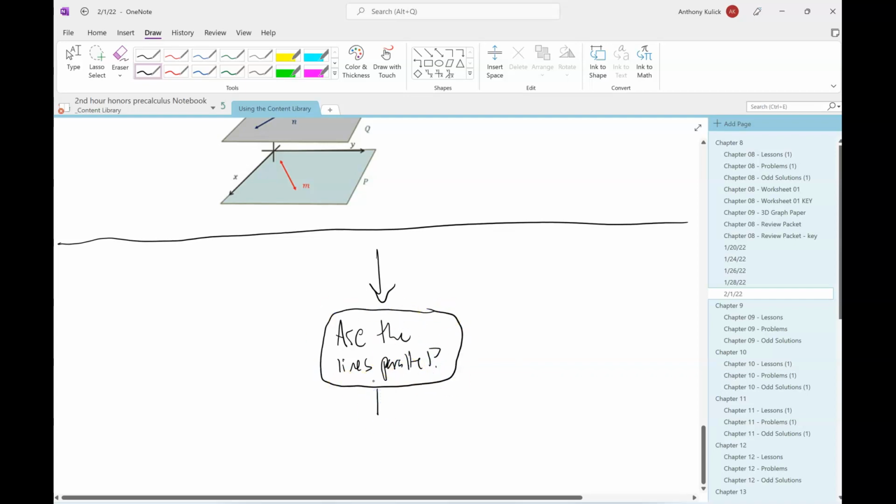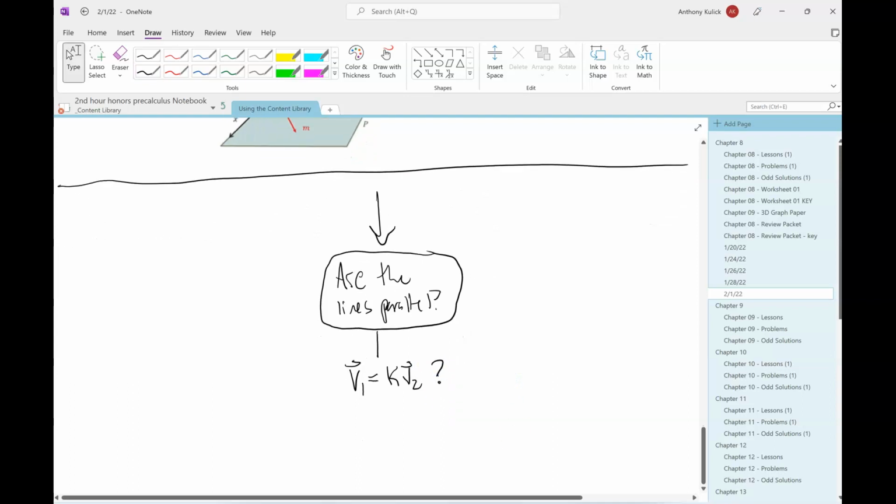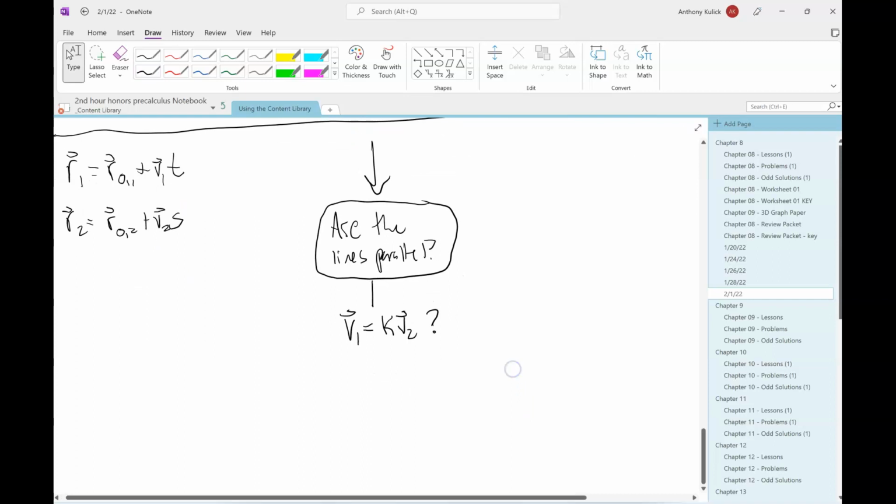To do that, I want to see if the direction vector for line 1 is equal to a scalar multiple of the direction vector for line 2. I guess we should say this is r1 and this is r2. Okay.